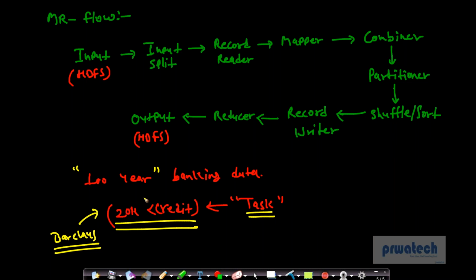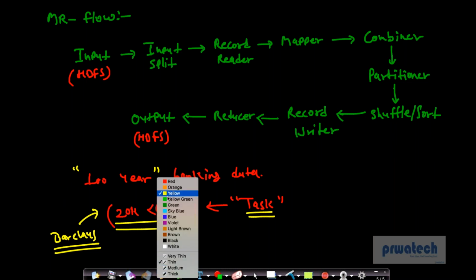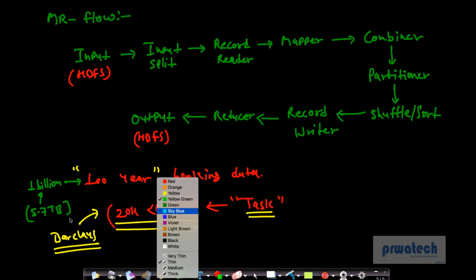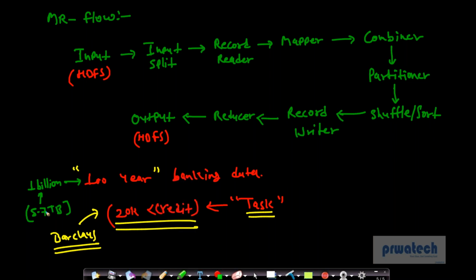When I filter the result out of 100 years, let's say the total is 1 billion rows, in short 5.7 terabytes of data, 1 billion records.